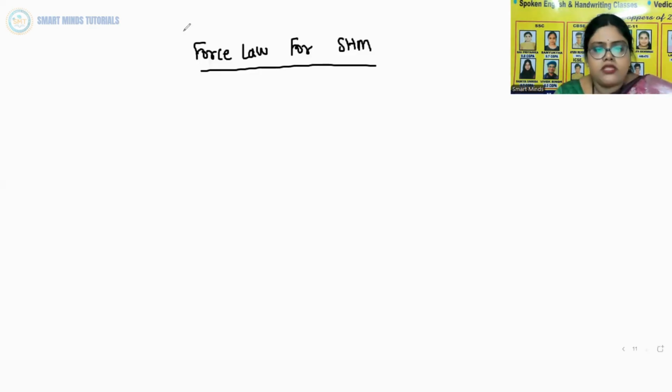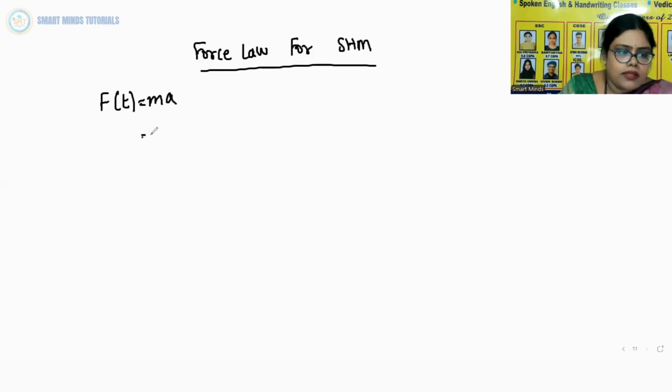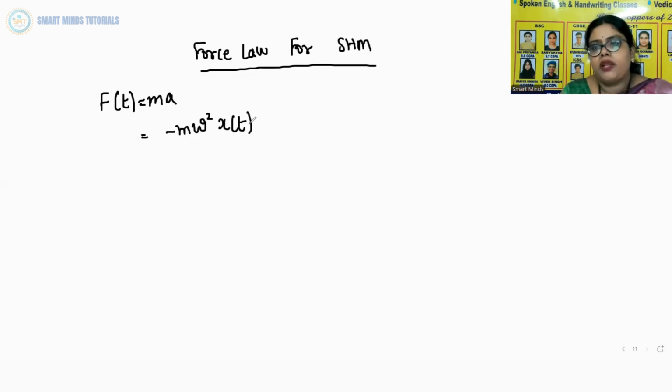Now let us see what the force law for simple harmonic motion is. Using Newton's second law of motion and the expression for acceleration of a particle undergoing SHM, the force acting on a particle of mass m is F of t equal to ma, that is minus m omega square x of t, because we know a is minus omega square x of t.